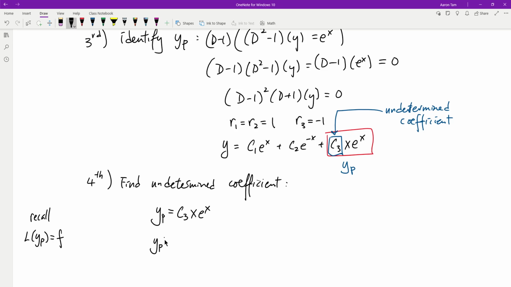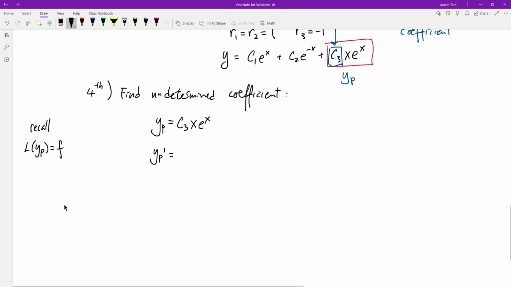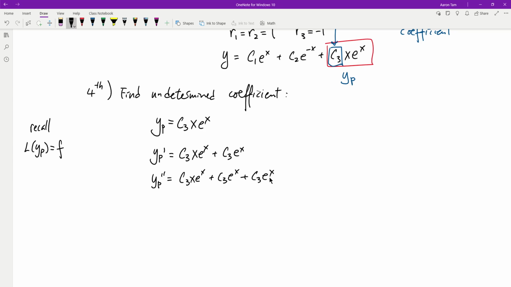So I'm going to find y sub p prime. And y sub p prime should be, I guess, just product rule. So C3 x times the derivative of e to the x, plus C3 times the derivative of x, so it's e to the x. And then if I do y sub p double prime, I should have C3 x e to the x plus C3 e to the x plus another C3 e to the x.